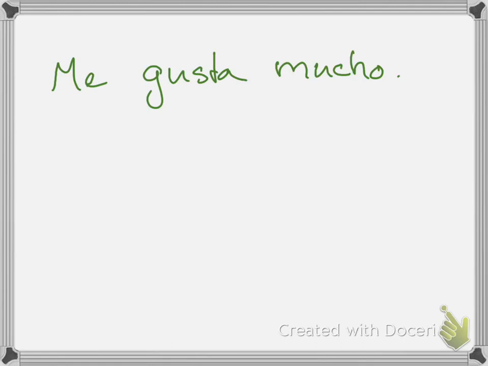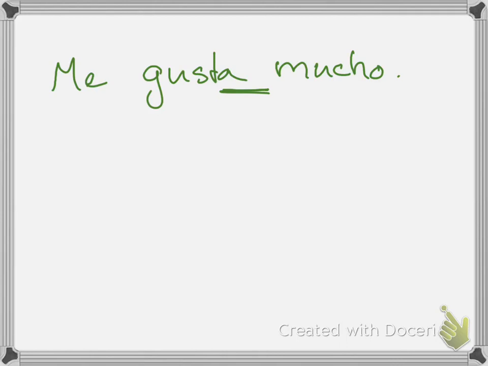Me gusta mucho. Como me gusta mucho el chocolate. Me gusta mucho el español. Me gusta mucho viajar. Okay, once again, remember this could have a different ending. I could say, me gustas mucho. I like you a lot. Me gustas mucho. Or I could say, me gustan mucho los perros.